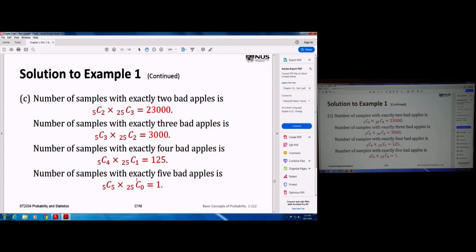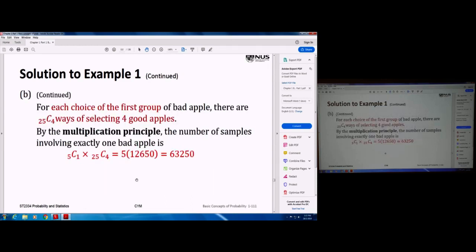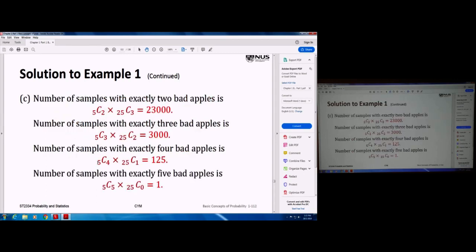The case of 1 was 5 choose 1 times 25 choose 4. So the case of 2 is 5 choose 2 times 25 choose 3. The case of 3 is 5 choose 3 times 25 choose 2. The case of 4 is 5 choose 4 times 25 choose 1. I'm just repeating part B, replacing 1 with 2, 3, 4, and 5. And the case when you have 5 is 5 choose 5 times 25 choose 0, which is 1, unsurprisingly.